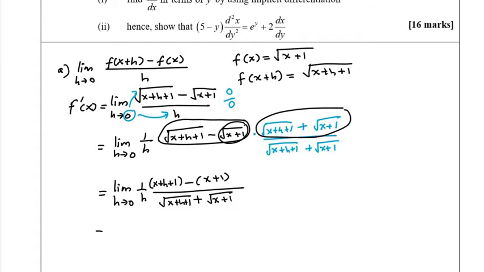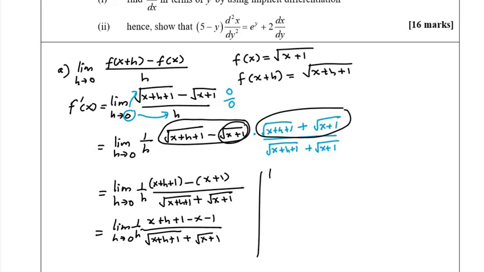Okay, and then I'm going to simplify. So we have the limit as h approaches 0 of x + h + 1 minus x minus 1, over, don't forget our 1 over h, over √(x + h + 1) + √(x + 1). x minus x is 0, 1 minus 1 is 0.